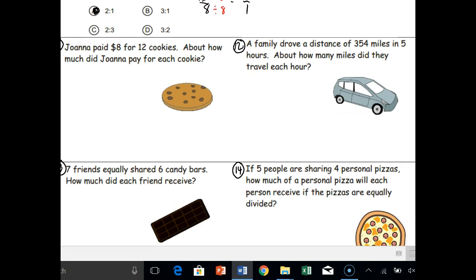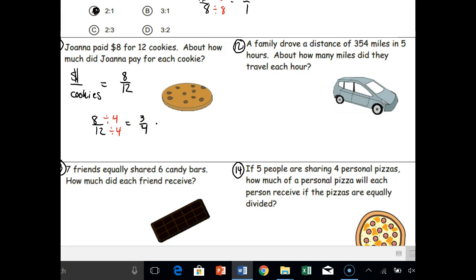Joanna paid $8 for 12 cookies. About how much did Joanna pay for each cookie? So we're trying to find the price per cookie. So dollars over cookies, which in this case is equal to 8 over 12. If we say 8 divided by 12, we can simplify this by dividing by 4 on both, and we get 3/4.